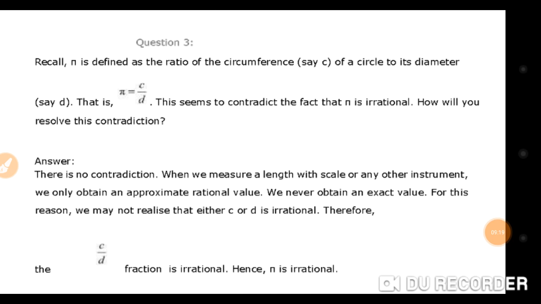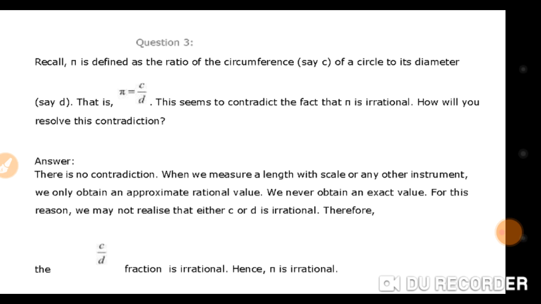So students, let's see its solution. There is no contradiction, because when we measure a length with a scale or any other instrument, we only obtain an approximate rational value. So we never obtain an exact value.